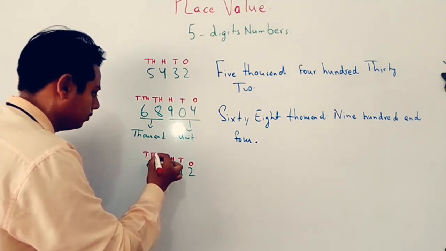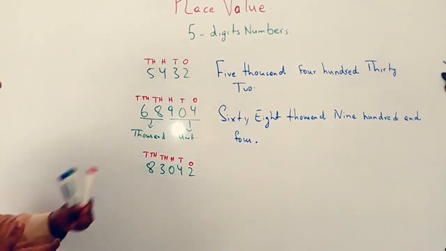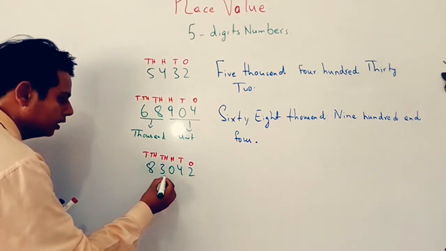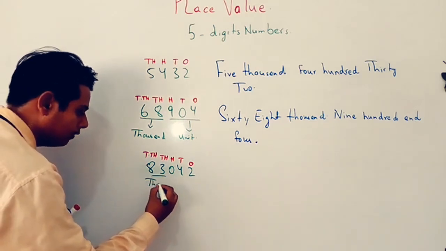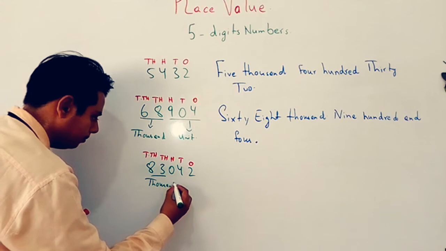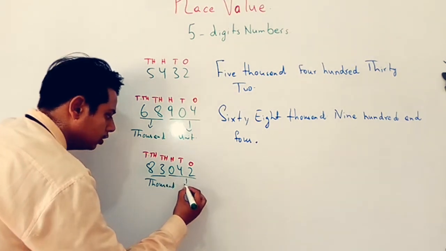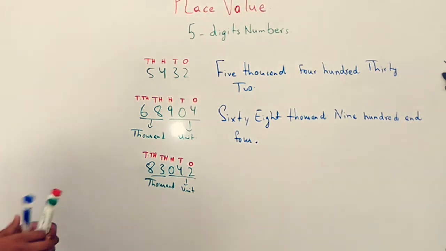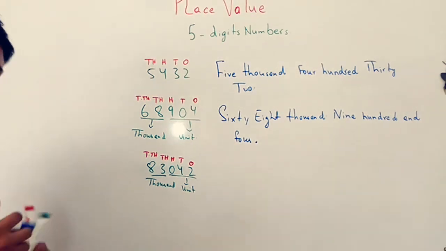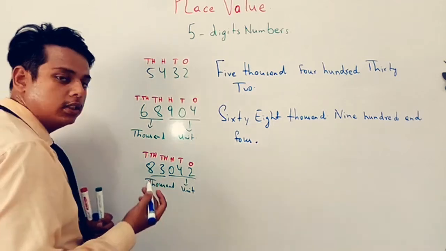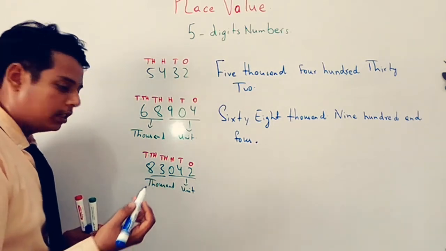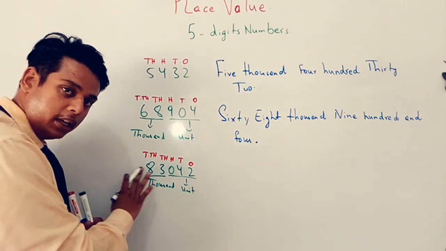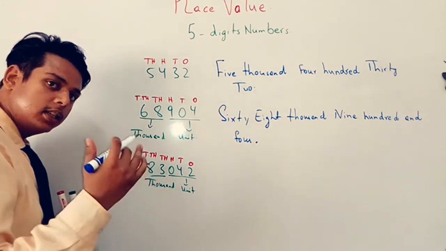Starting from 10,000, the left side, what is the family? This is the 1000 family, and this is the unit family. Now I will start writing the name of the number. 83,000. First I write the number name, 83. And what is the family? 1000. So what will it become?